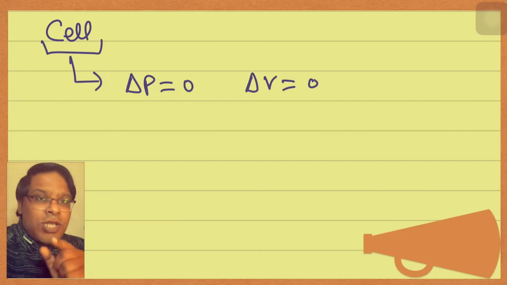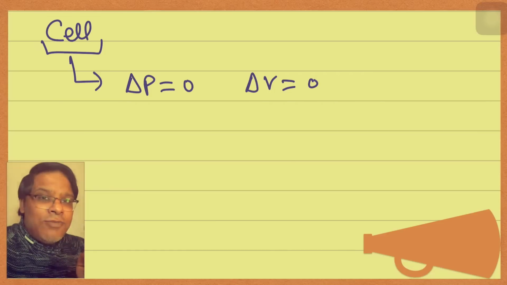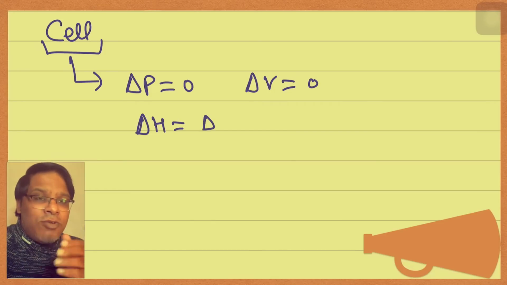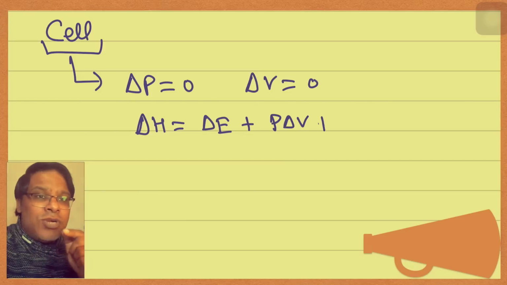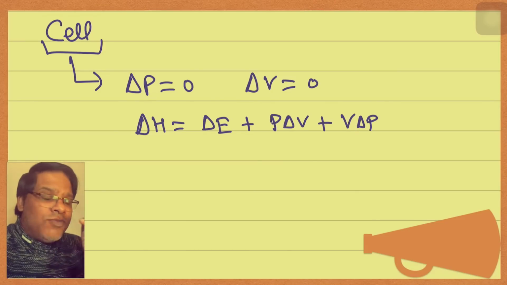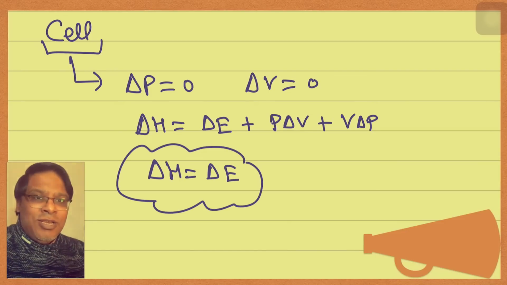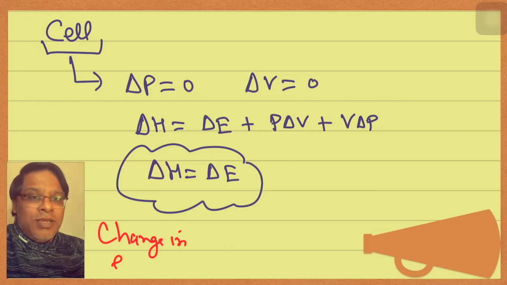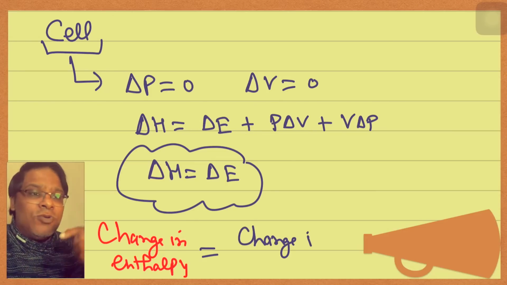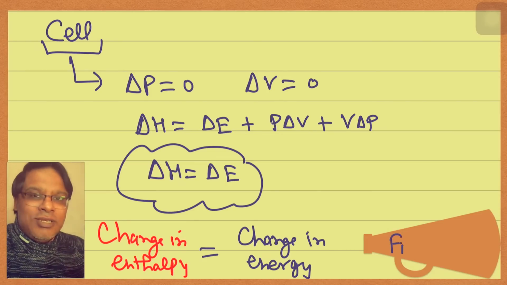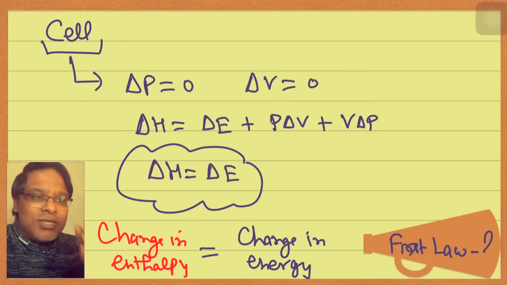So if you put the value of delta P and delta V in this equation, delta H is equal to delta E plus P delta V plus V delta P, it will come out delta H is equal to delta E. So here you can say clearly the change in enthalpy is equal to the change in energy of the cell.